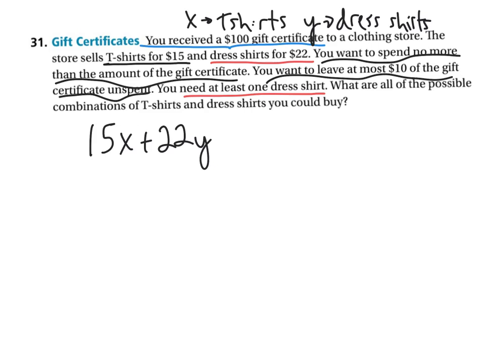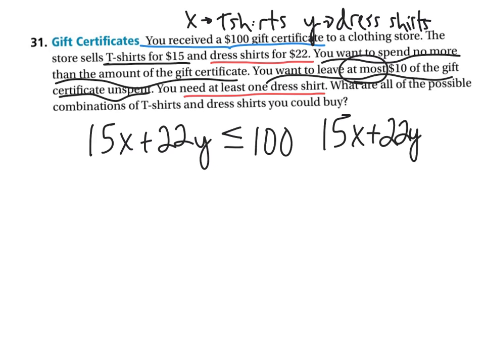So if we don't want to spend any more than the amount of the gift certificate, that means 15x plus 22y should be less than or equal to 100, would be one of our inequalities. And you want to leave at most $10 left unspent. At most $10 left unspent means we're going to be spending at least $90.